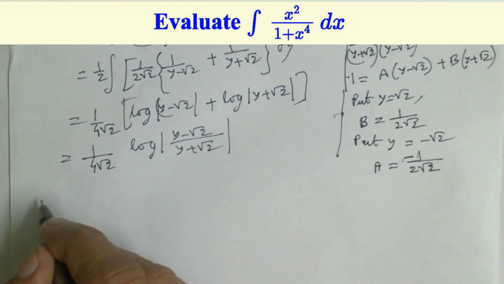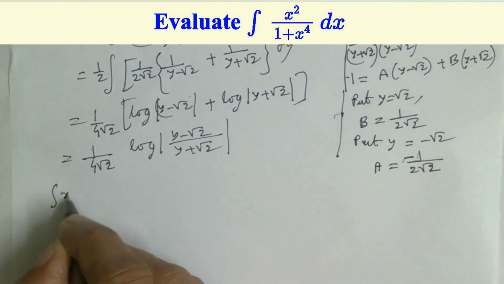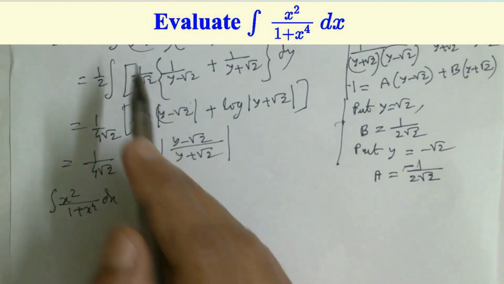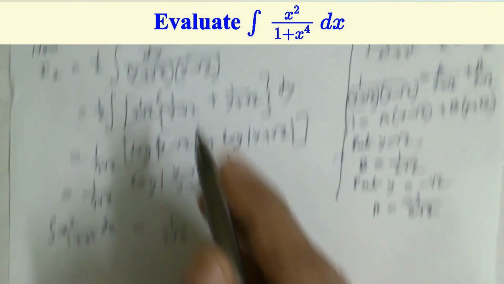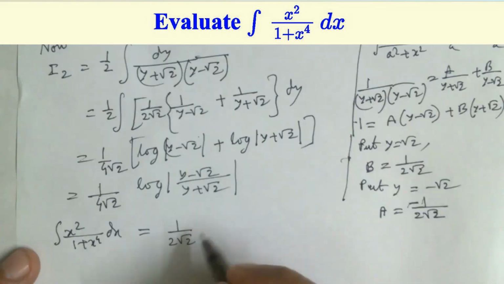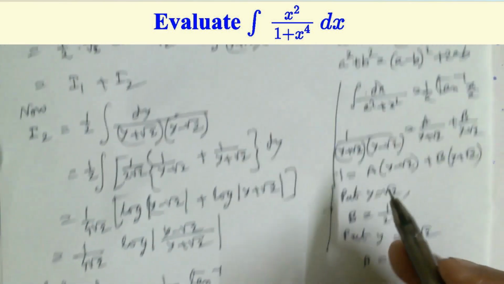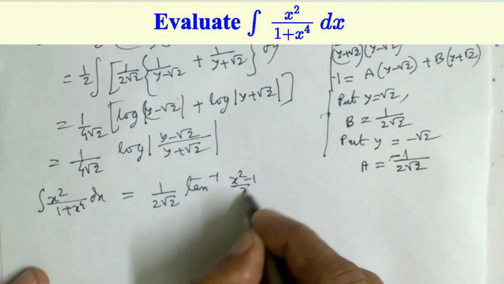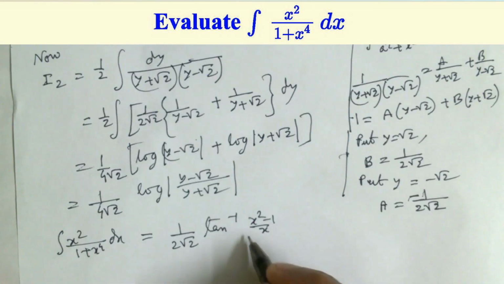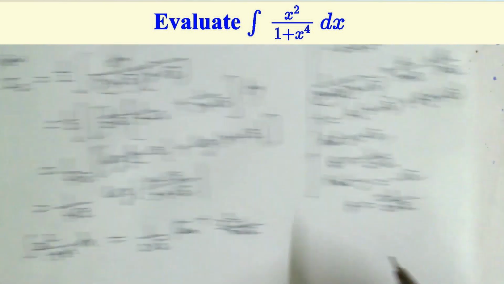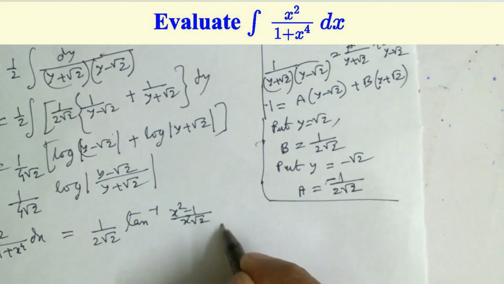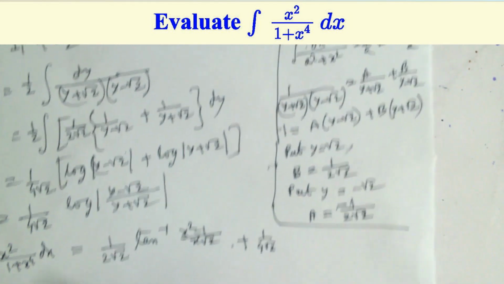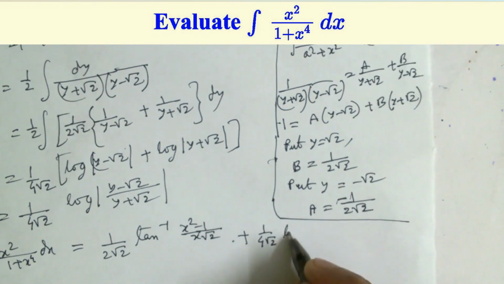So the original integration, integration x square by 1 plus x to the power 4 dx, is equal to I1, which means 1 by 2 root 2 tan inverse t by root 2. t means x minus 1 by x, which means x square minus 1 by x, root 2, plus I2, which means 1 by 4 root 2 log of y.